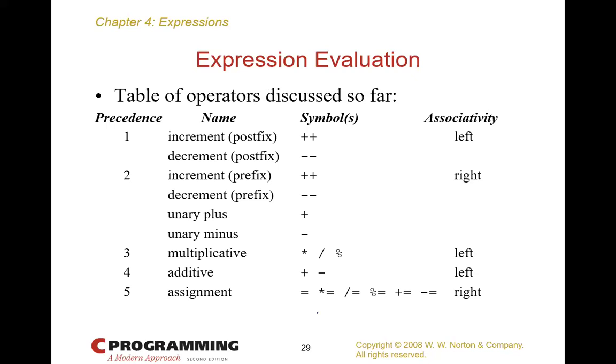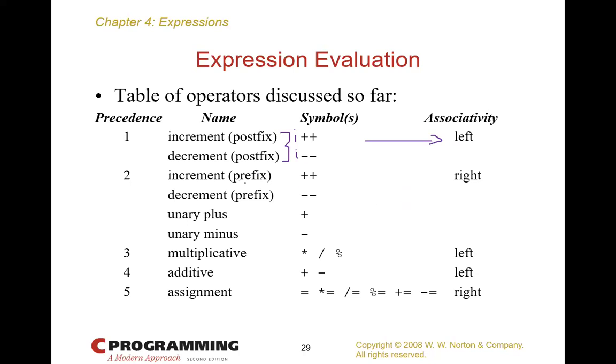So we come back to our precedence table. Because we have added new operators, you need to know the change to our precedence table. The postfix operators have the higher precedence. The postfix, the ones that happen later. That means i++ and i--, and they have associativity from left to right.